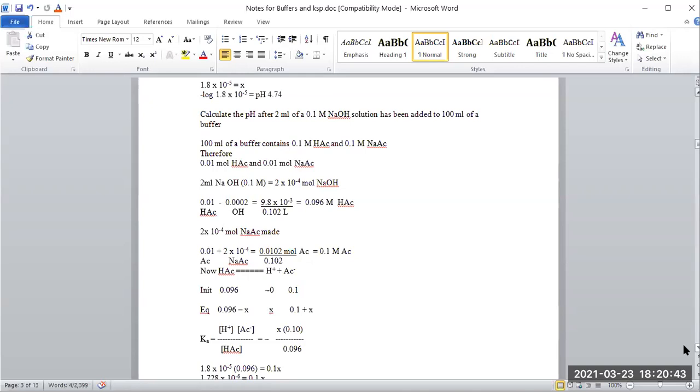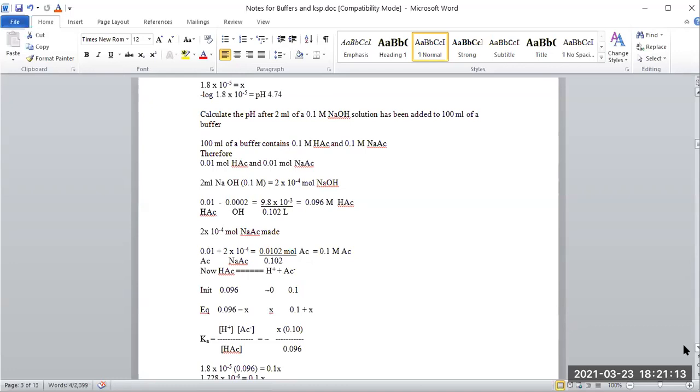So I have 0.01 moles of acetate. 0.1 times 0.1 because it's 0.1 molar and I had 100 mils of it. I'm going to add 2 times 10 to the negative 4th to this one. The sodium doesn't make a difference. It's just the acetate I'm worried about. This time I have 0.0102 moles in 0.102 liters.